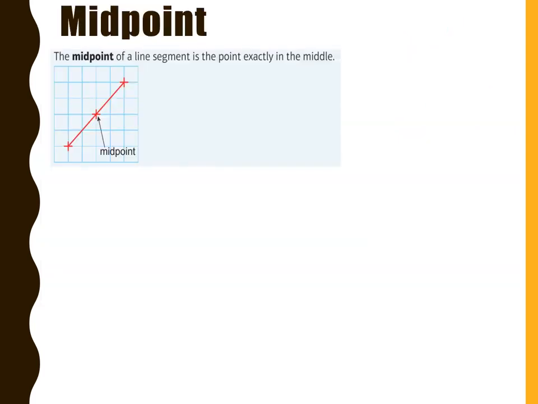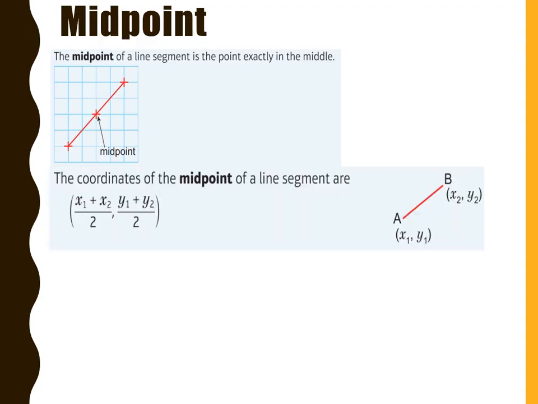What if you were asked for the midpoint of a line segment? Well, the midpoint of a line segment is the point exactly in the middle. The clue is in the name. The way we find the value of the midpoint is through this. We would have 2 points, x1, y1, x2, y2. What we're trying to find is the midpoint of this line.